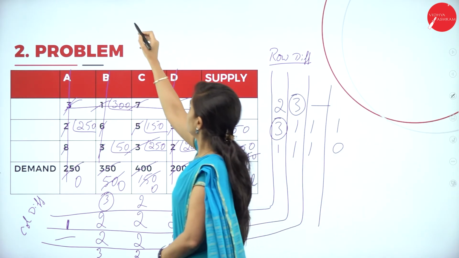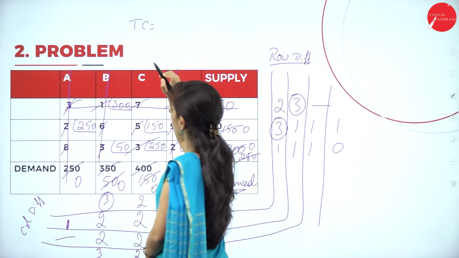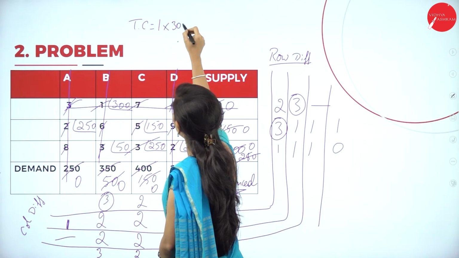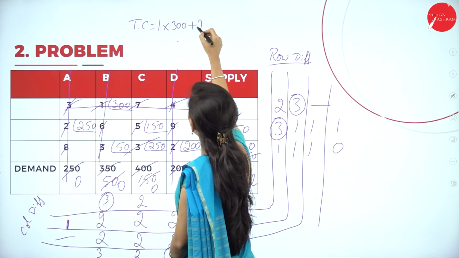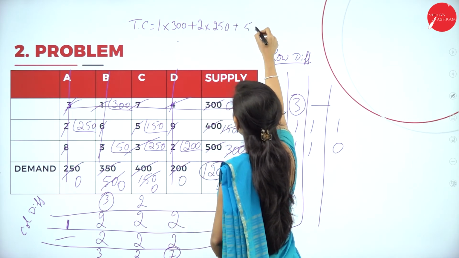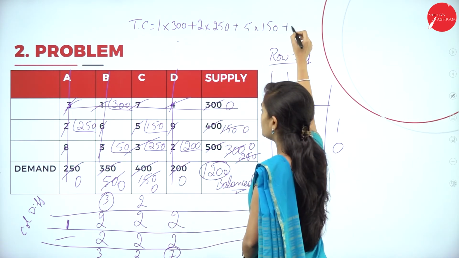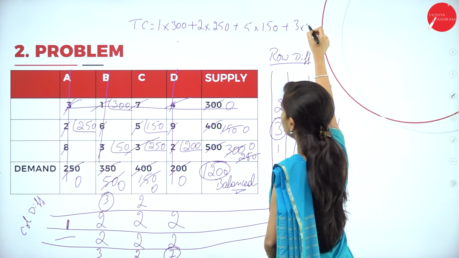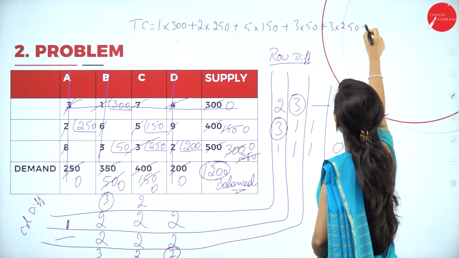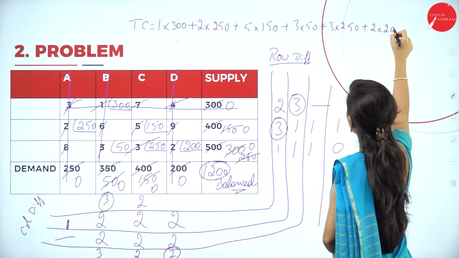Finding the transportation cost. Just write all the allocated cell values. 1 into 300 plus 2 into 250 plus 5 into 150 plus 3 into 50 plus 3 into 250 plus 2 into 200.